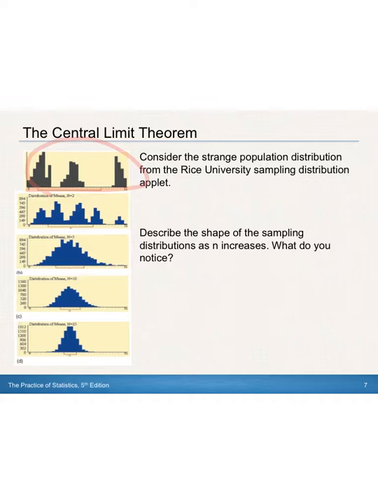But then, as they are collecting SRSs from this, an n of 2, an n of 5, an n of 10, an n of 25, by the time we've taken enough simple random samples with a high enough n, and they have a capital N here, but that really means the lower-case n, the sample size, it approximates a normal curve. Most of them, even really skewed ones, will be fine at 25.